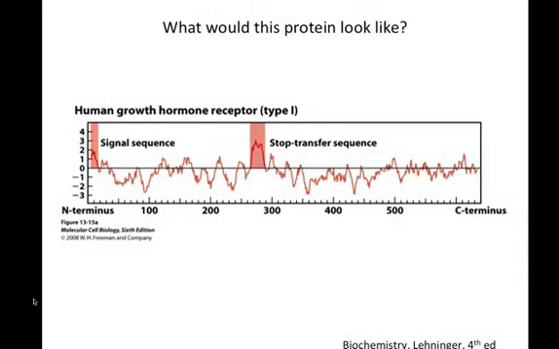How would you know if it's going to be sent to the cell membrane or just going to stay in the ER membrane? We will learn about that. The answer is that we'll have a KDEL sequence, which is an ER retrieval sequence, which will basically make it not be able to leave.